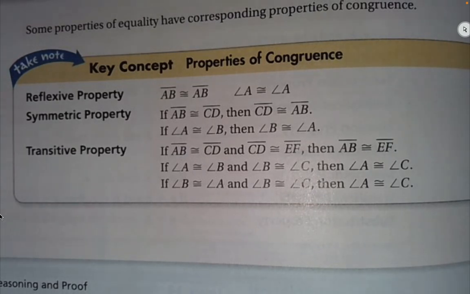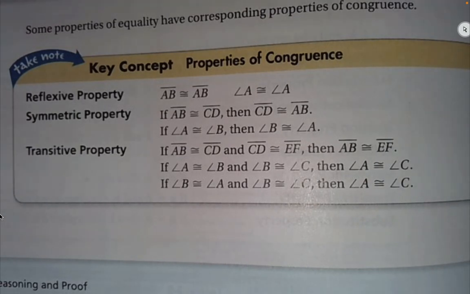Symmetric property, you just flip it. If AB is congruent to CD, then CD is congruent to AB. If A is congruent to B, then B is congruent to A. That's the symmetric property. And the transitive property was my height problem yesterday.